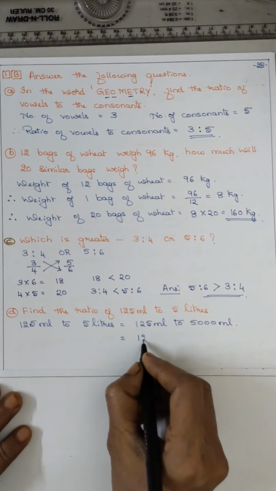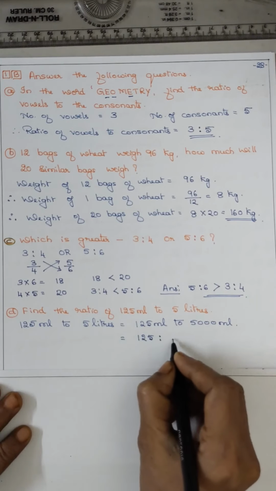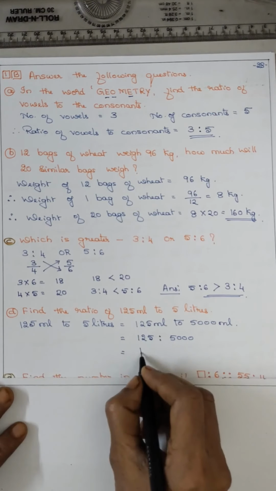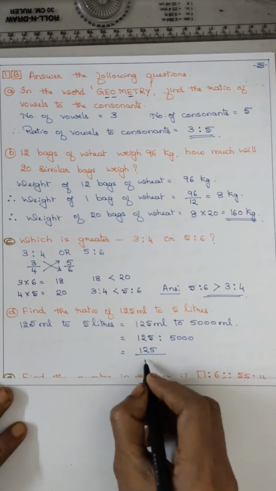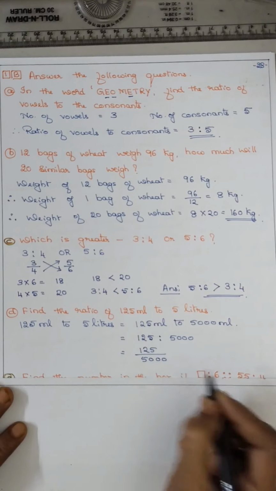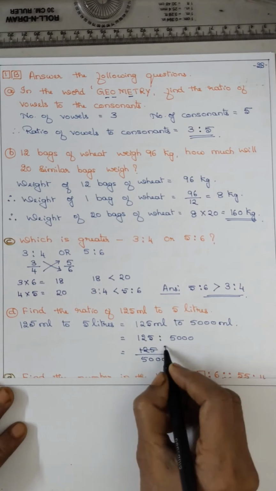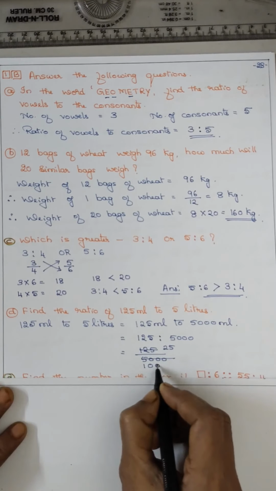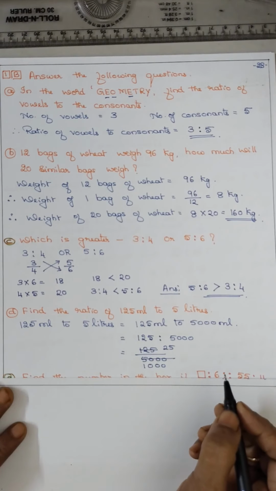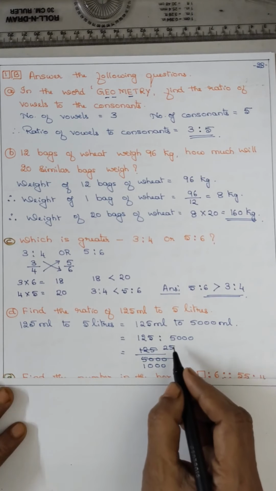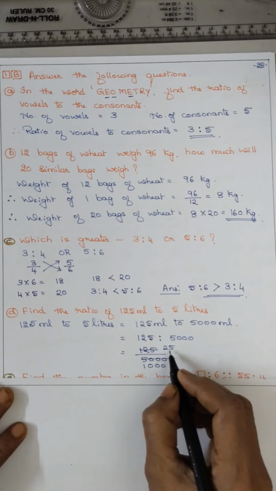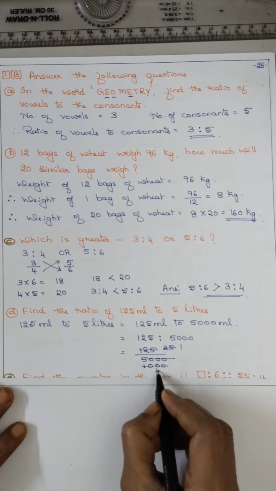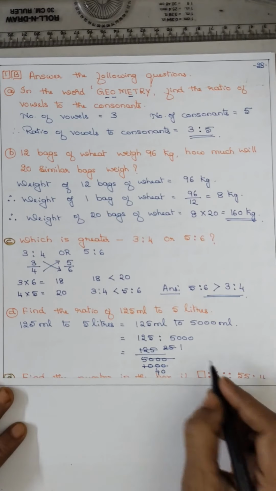Now write in the ratio form, write in the fractional form. 125 upon 5000. 5 25s are 125, and now it is 5 25, isn't it? 25 1s are 25, 25 4s are 100 and 0.